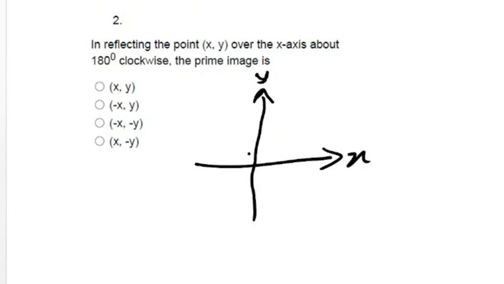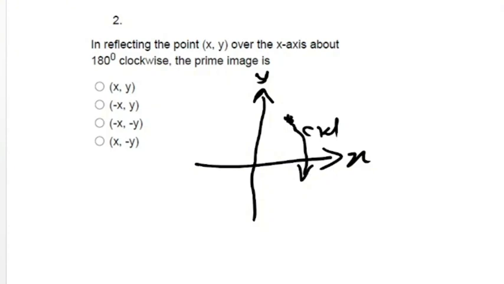Let's say point x, y is this point. Then we are reflecting over the x-axis about 180 degrees clockwise. If we are moving clockwise, we are moving in this direction, so over the x-axis.